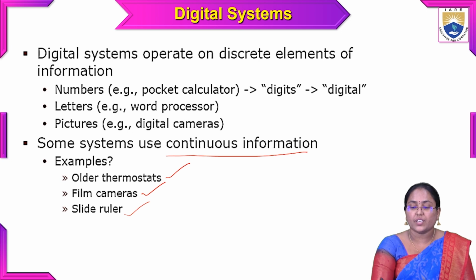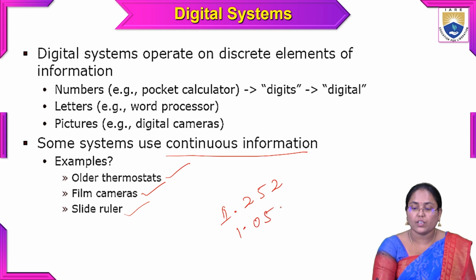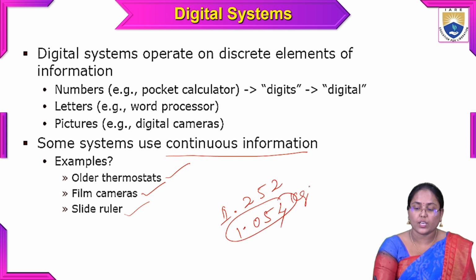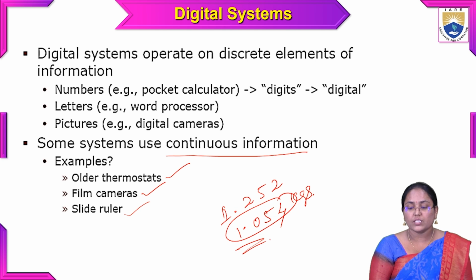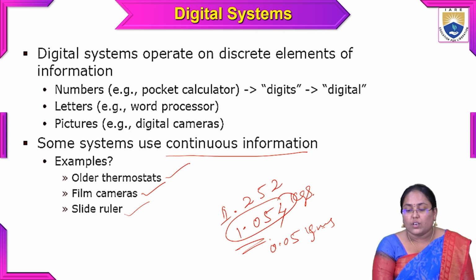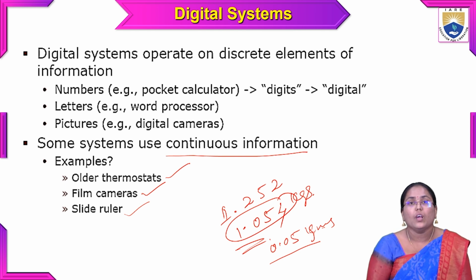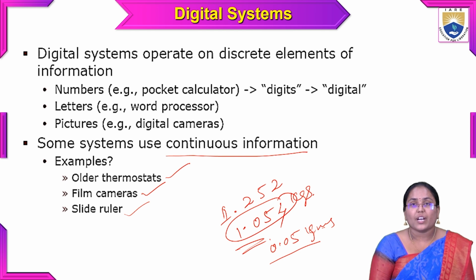But right now it can be measured even as 1.252 or 1.054 kg in supermarkets and other markets. Most people are very interested in this type of digital system, which weighs accurately. Even 0.05 kilograms will be noted down, and the price will not be modified. Some vegetables might be extra for them, so there won't be any loss for the vendors either. Anyhow, there might be a loss for us.